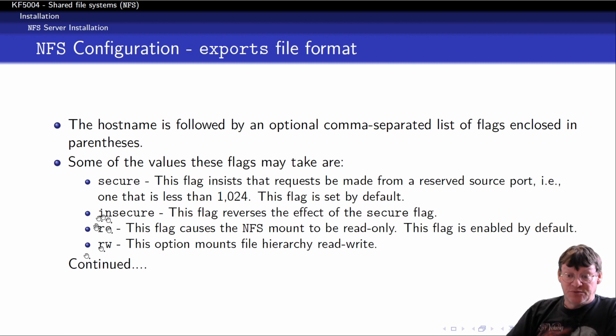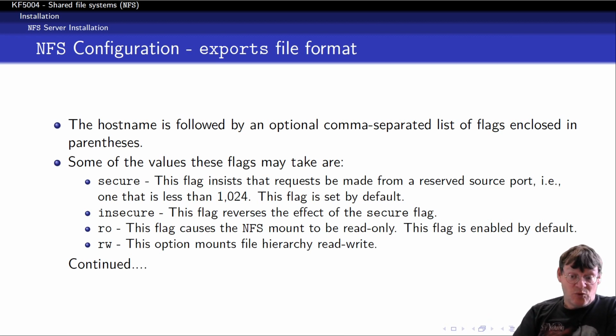The other two options, and we've seen these two already, are RO and RW. RO means when you share that directory out, it is shared with read-only privileges. That's it. If you don't specify read-only or read-write, it will default to read-only. The other option is obviously read-write. Now, in a content management system, like we may well be building on top of this architecture, we obviously want the share to be writable, so that as files are uploaded to the web server, they can be dropped onto the NFS server.